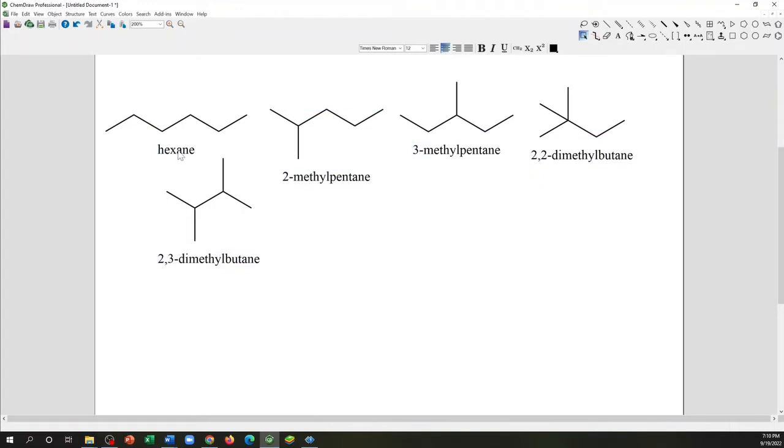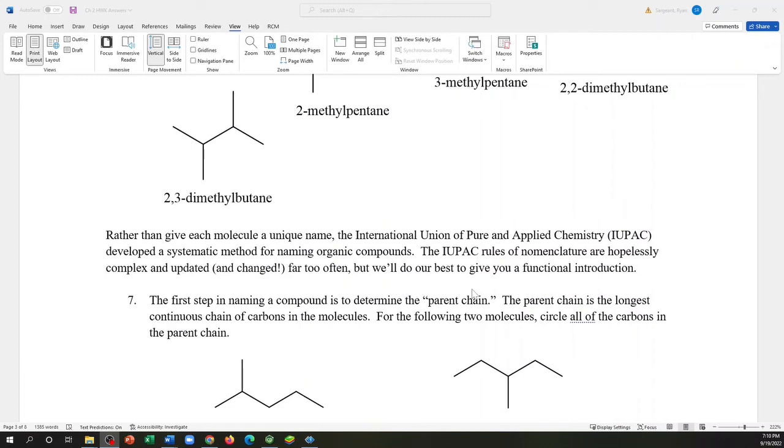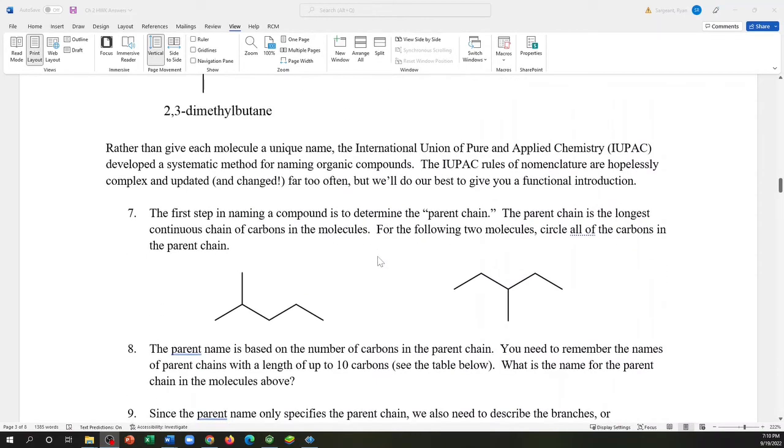The systematic name follows specific rules and allows us to evaluate, hopefully, any compound and come up with a name for that particular compound. The nomenclature system is established by a group of chemists at the International Union of Pure and Applied Chemistry, often called IUPAC.